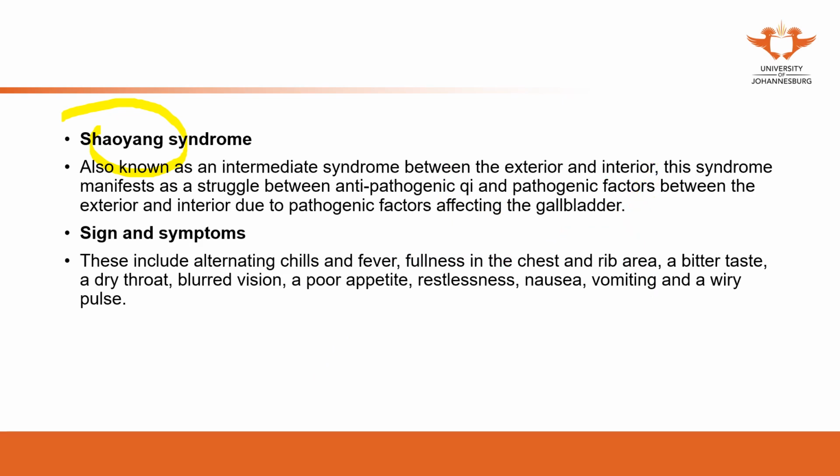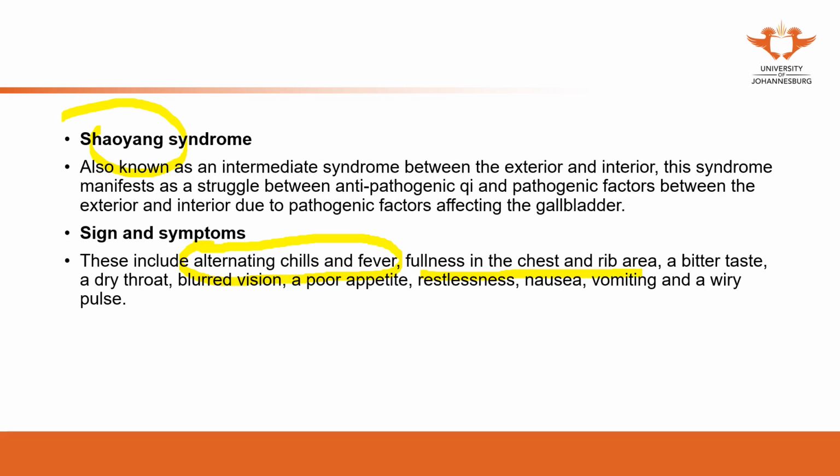One of the most important manifestations is alternating chills and fever. The patient feels fever and chills. Sometimes they feel chills, sometimes they feel fever. Sometimes they feel aversion to cold, and sometimes they feel hot.